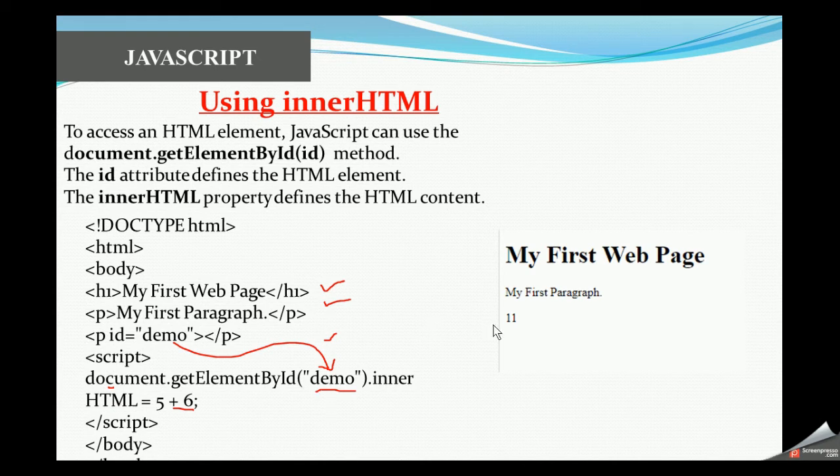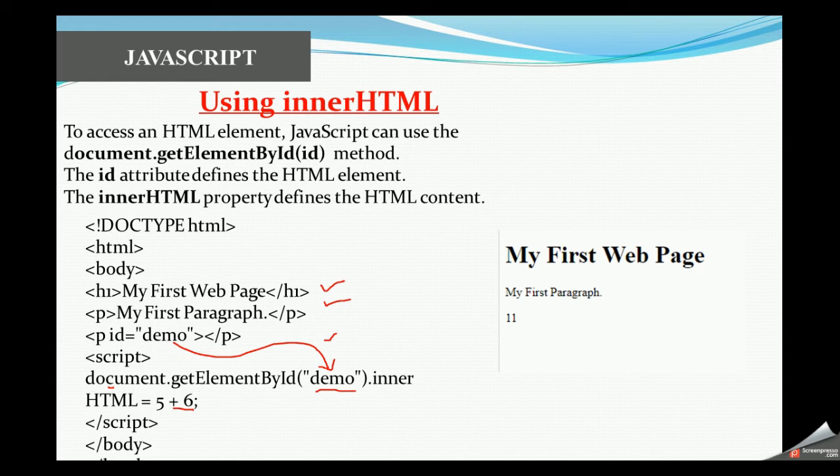So if I want to make changes on specific HTML elements, we can use the innerHTML property of HTML. The method JavaScript uses is document.getElementById. Is that clear? In the bracket you will be writing the specific ID.